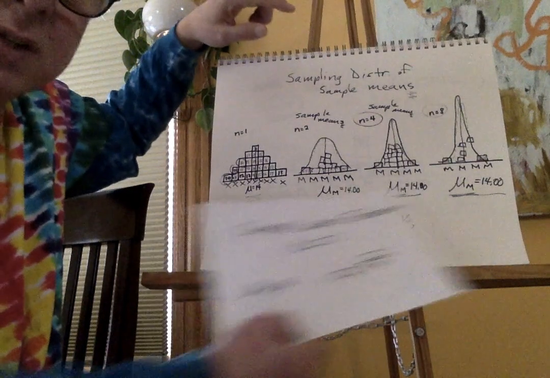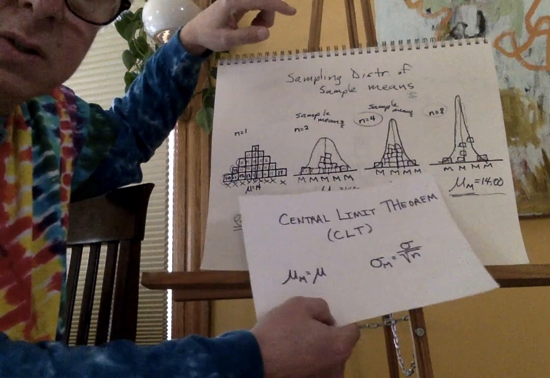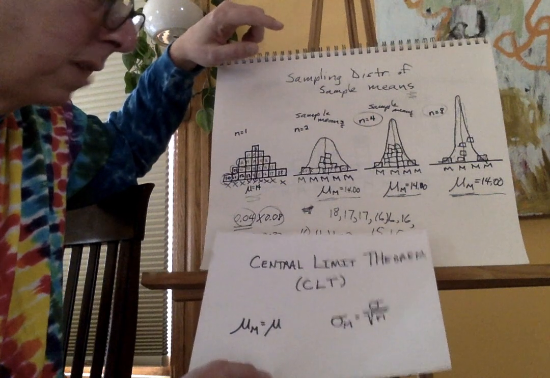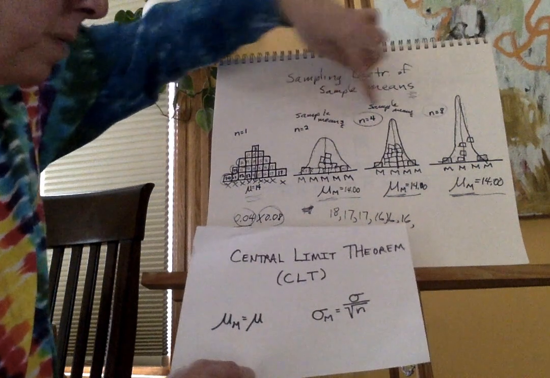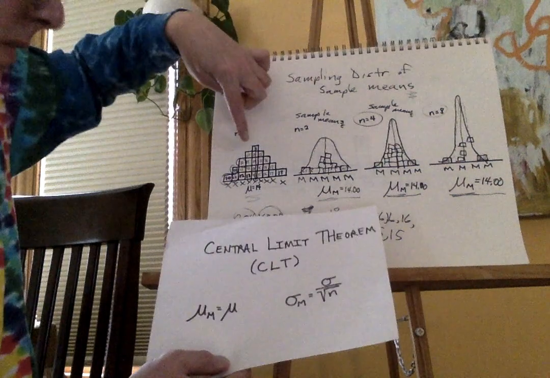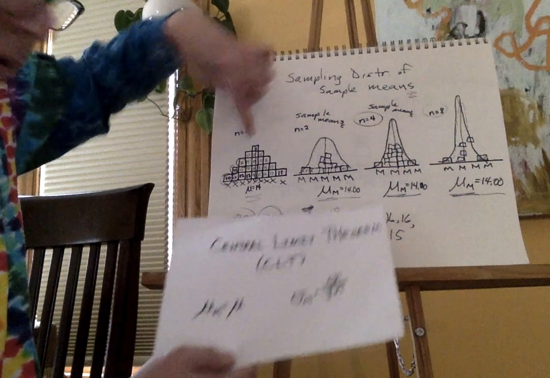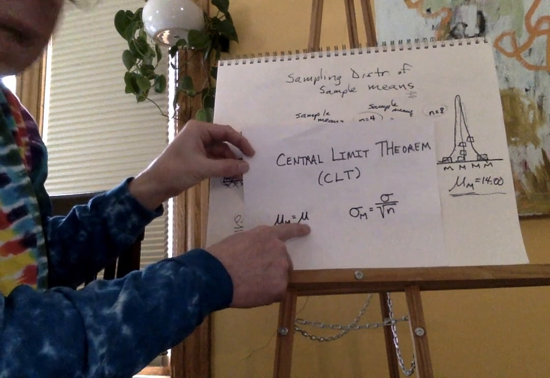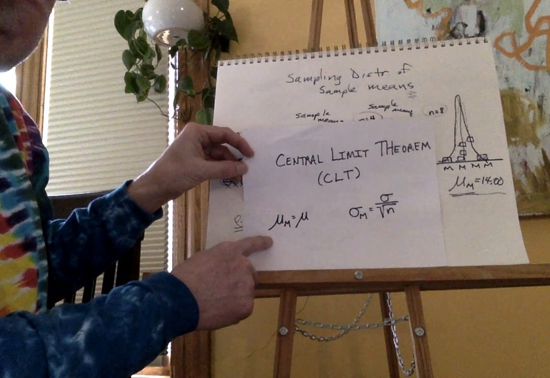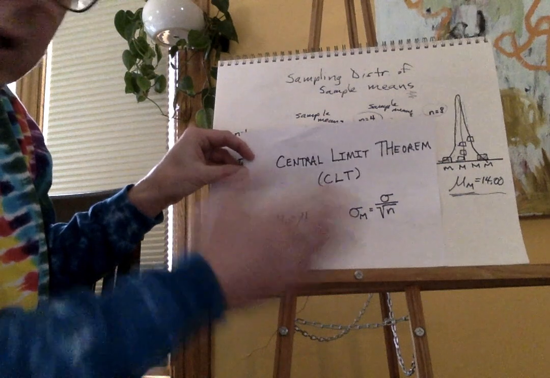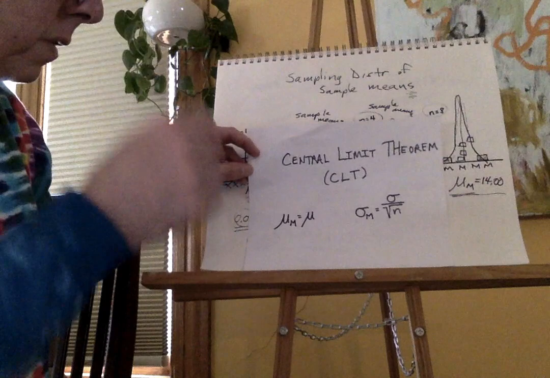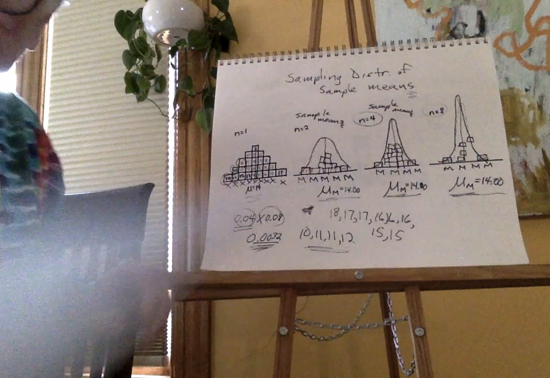I'm going to have 1,000 in each of these distributions, but it's the size of the samples that I'm talking about. The mean will be the same as the mean here. The mean of the sampling distribution of sample means will be the same as my original, overall. And then my standard deviation will vary, okay?